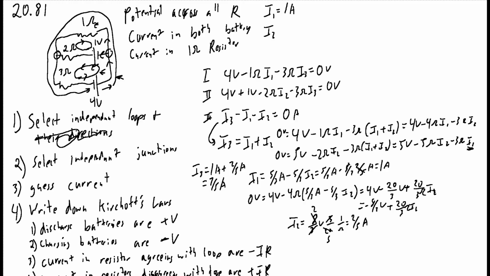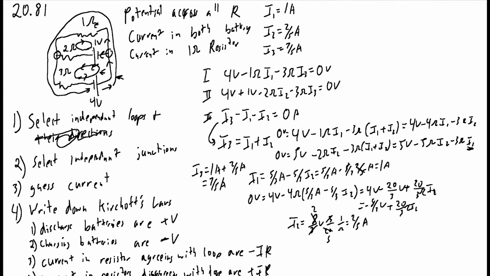The current going through resistor 2 and a 1 volt battery is 2/5 of an amp, and the current coming back through this resistor here on the bottom and going back through the battery here, I3, is 7/5 of an amp. So I have all the currents. Now I want all the potentials across all the resistors.